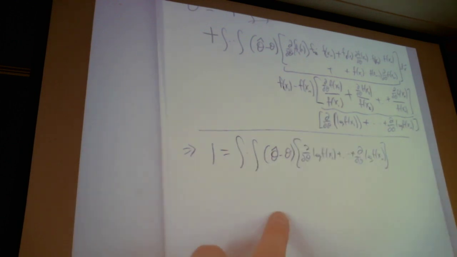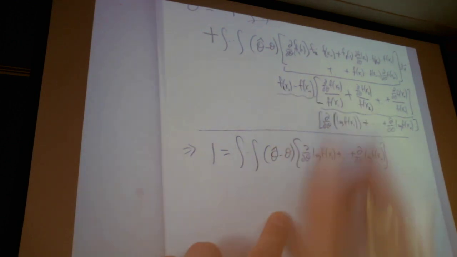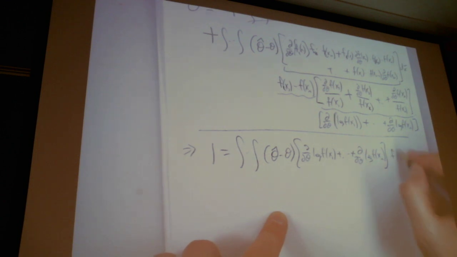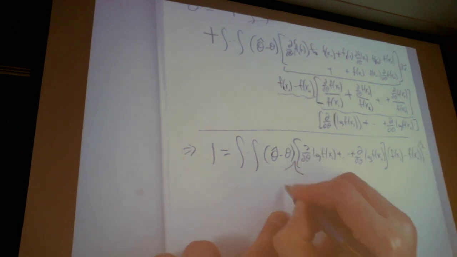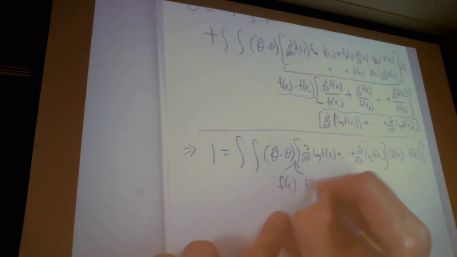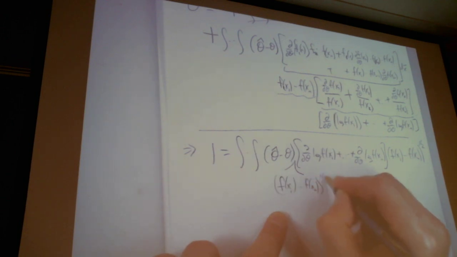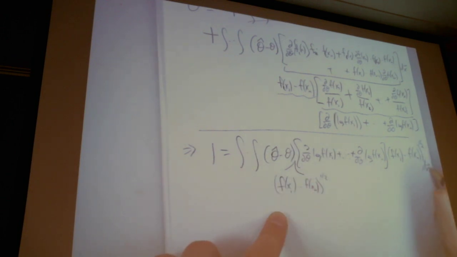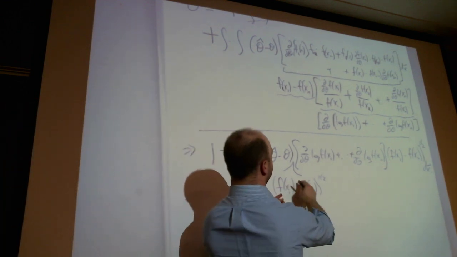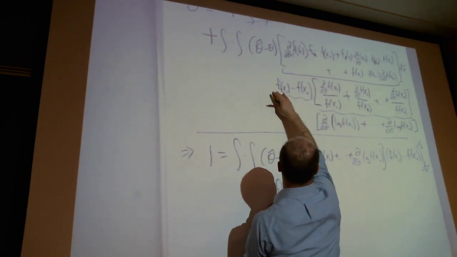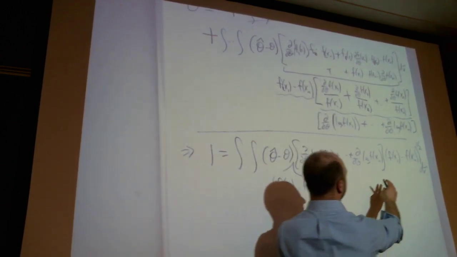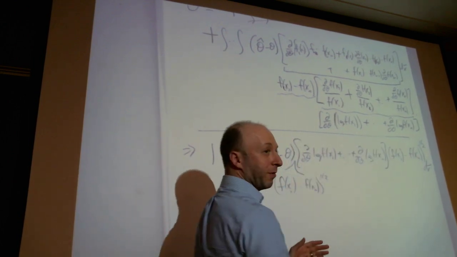And then I'm going to do something funny. I'm going to write the f's as f of x1 through xn raised to the 1/2 power, and f of x1 through xn raised to the 1/2 power. So I split these f's as two things which I square root.